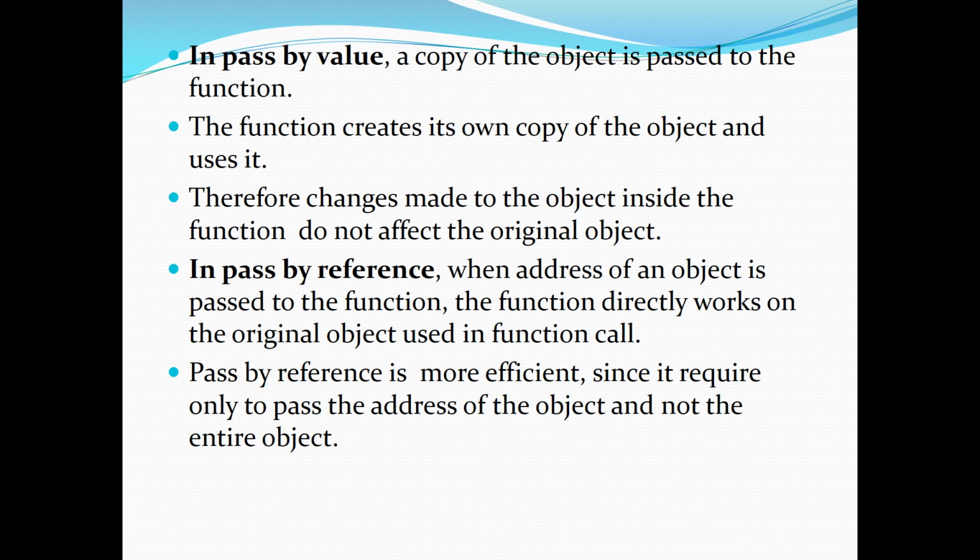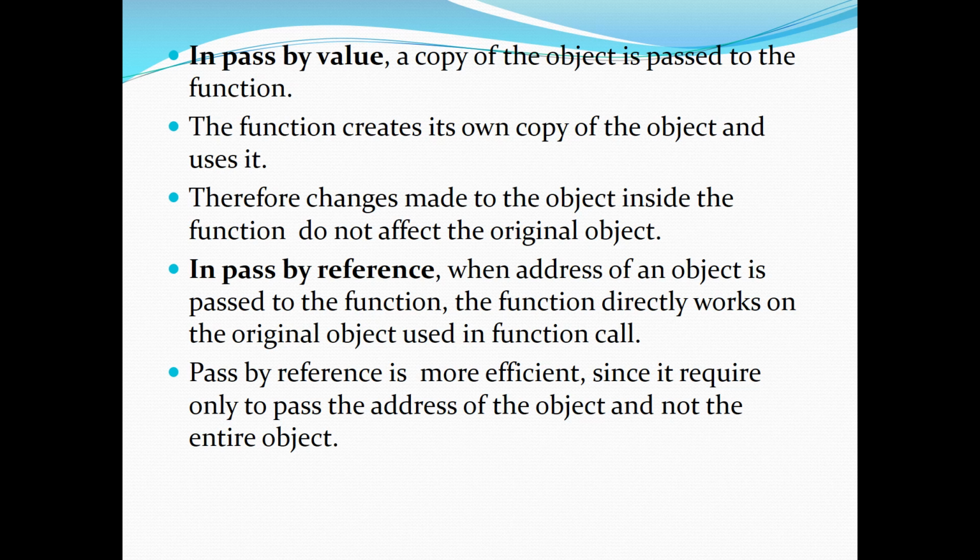When the address of an object is passed to the function, it directly works on the original object used in the function call. Pass by reference is more efficient since it requires only passing the address of an object and not the entire object.